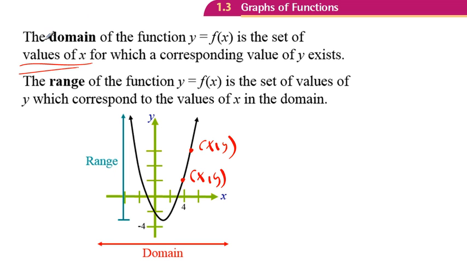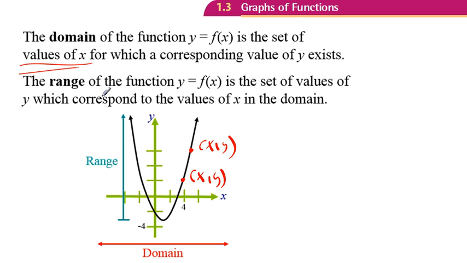So the domain is referring to all of the x values that are used to graph our function. That's a way that you can think about what domain is. Domain are all the x values that are used to graph our function, and that's why our domain goes horizontally right here, because it has to do with the x-axis.